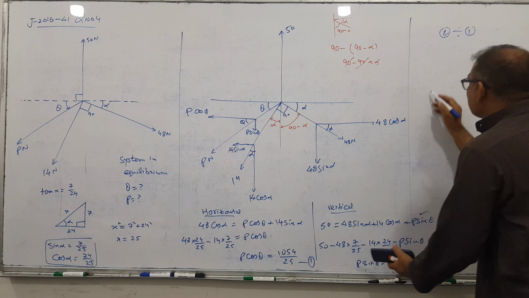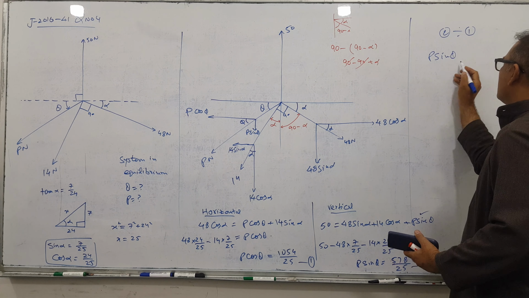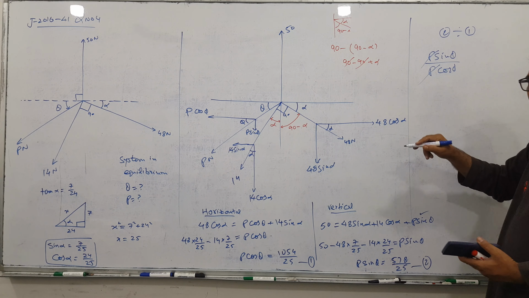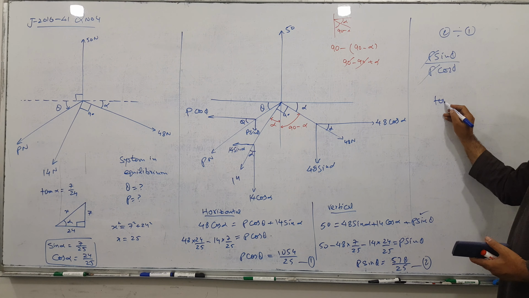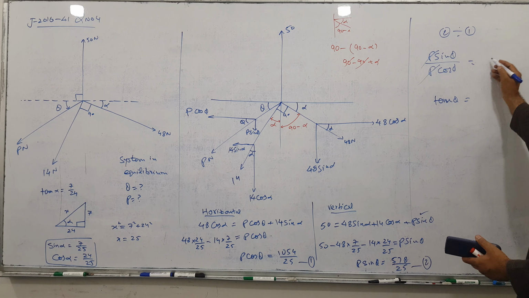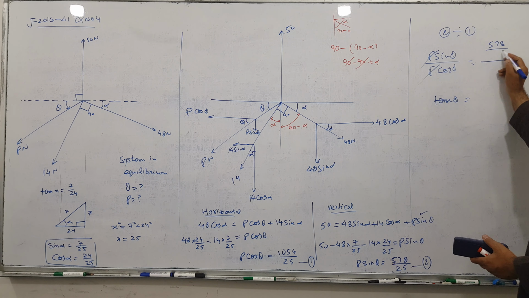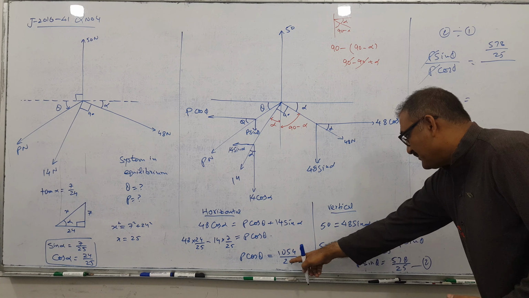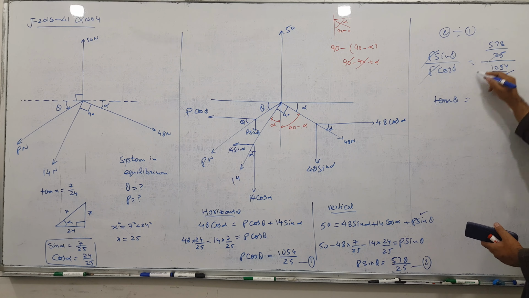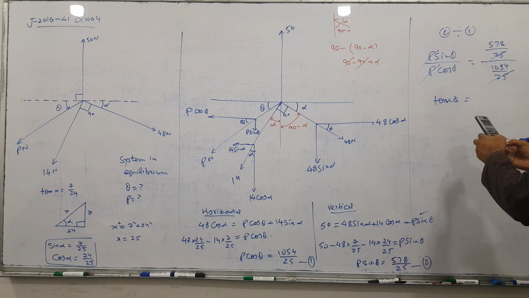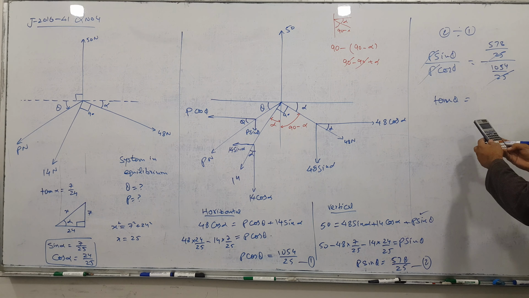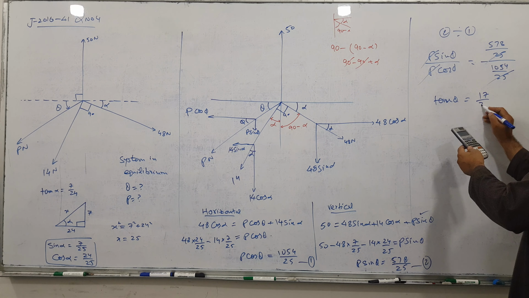P sine theta is up, P cos theta is down, the Ps cancel, and I get tan theta on the left-hand side. What is the right-hand side? Keep 578 by 25 up and 1054 by 25 down. The 25s cancel, and 578 divided by 1054 gives 17 by 31.